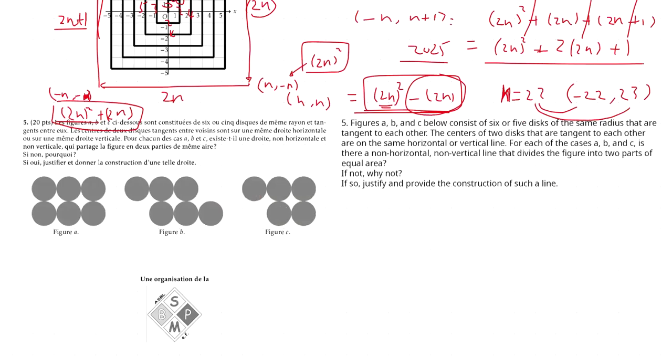And each circle is tangent to each other, and the centers of the circles are also on the same horizontal or vertical line. And the question is asking, for each of the cases A, B, and C, is there a non-horizontal, non-vertical line that divides the figure into two parts with equal area? And we have to justify our reasons, right?